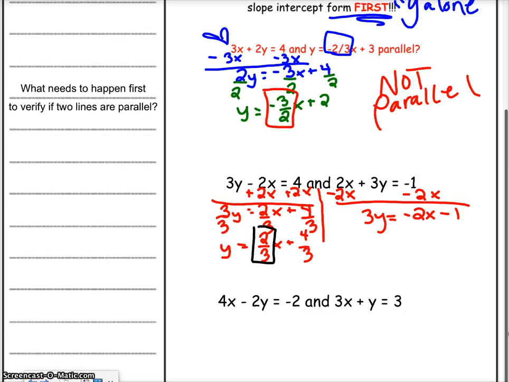Move my 3. Okay, again, fraction, who cares? Don't care about it. All you're doing is comparing slopes. So y equals negative 2/3x minus 1/3. Box off the slope. Are they the same or different? So not parallel.